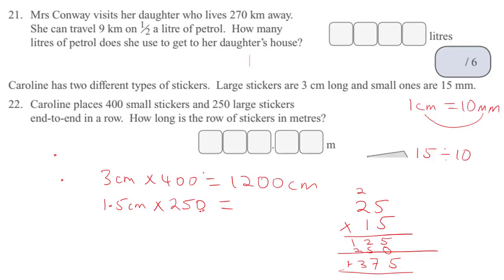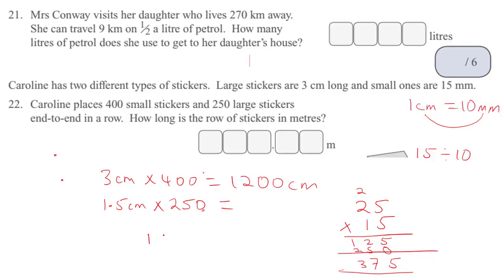Now, what we need to do is to think about where the decimal point is going to be. This is 1.5. If I ignore the 0.5 and just think about 1 times 250, the answer is going to be 250. Now, if I times 250 by 2, the answer is going to be 500.